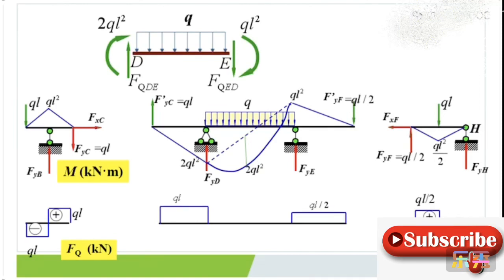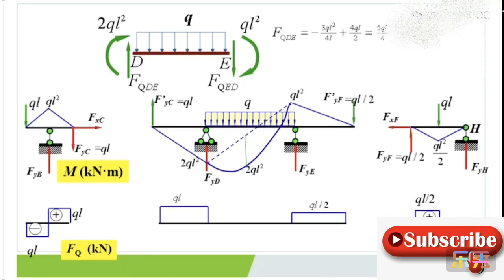For the DE part, according to the bending moment diagrams, we could draw its free body diagram. The shear force of sections D and E could be calculated according to equilibrium conditions.